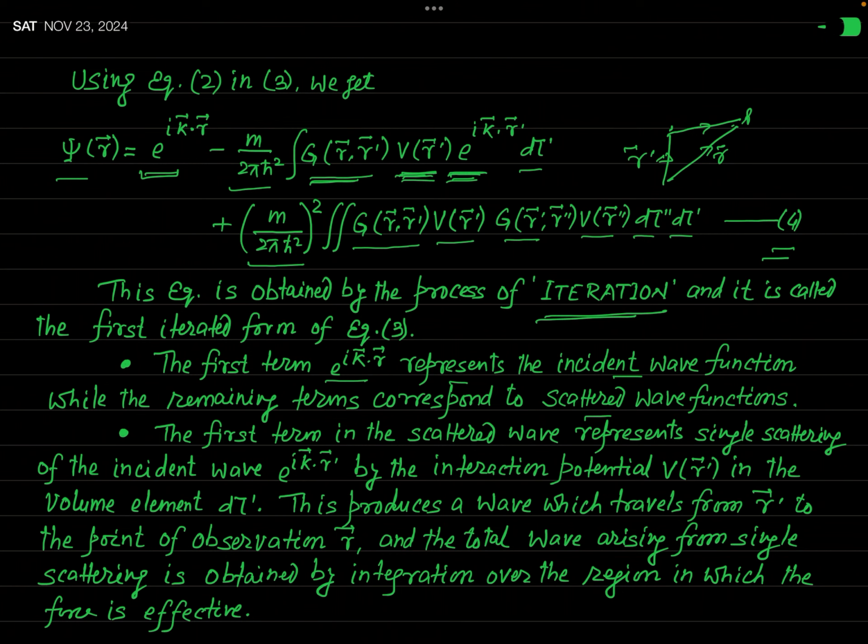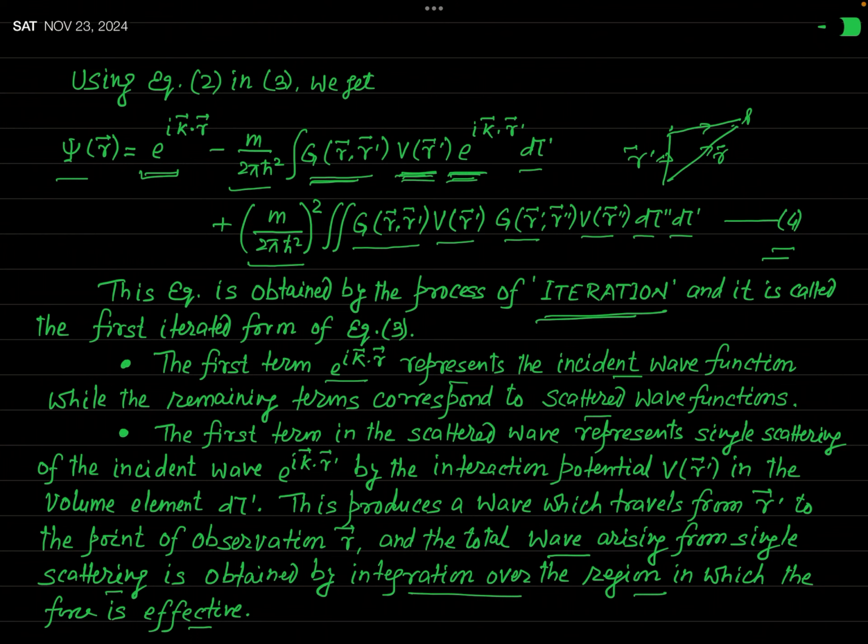Now, if your aim is to find the total wave function arising from this single scattering, how can that be obtained? Actually, that total wave arising from the single scattering is obtained by the integration over the region in which the force is effective.